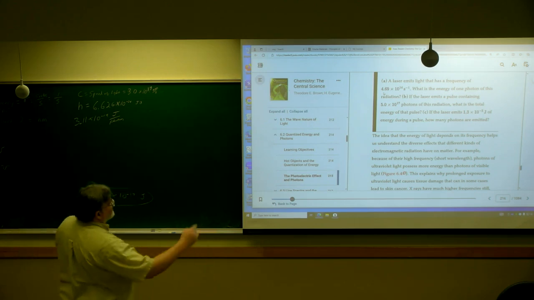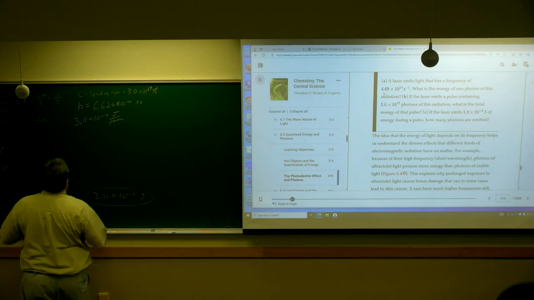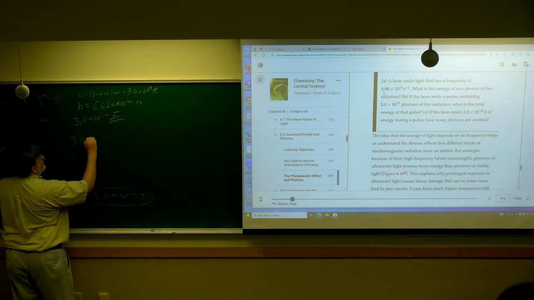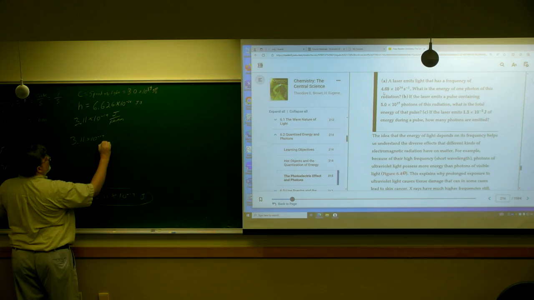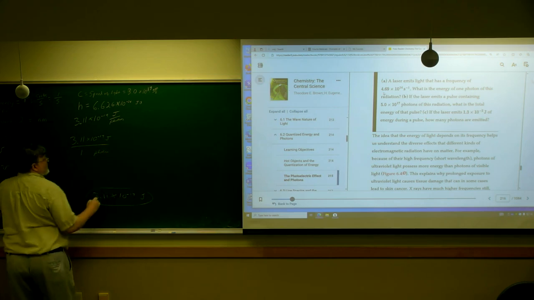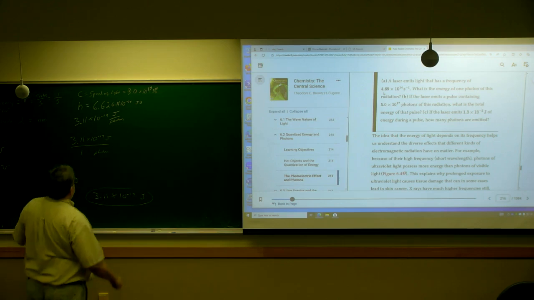If that's how many photons we had, 5.0 times 10 to the 17. Joules in one photon times 5.0 times 10 to the 17.